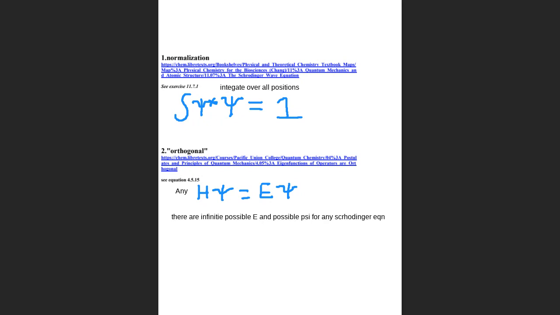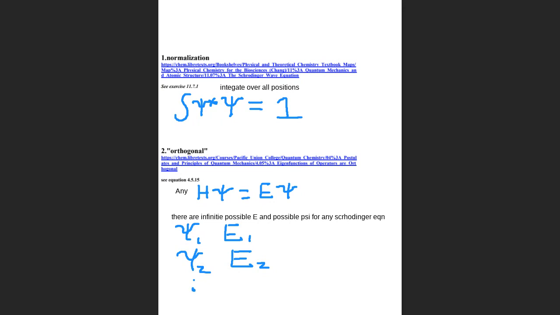What orthogonality means, first, is that there's a psi 1 with E1, and a psi 2 with E2, and so on.